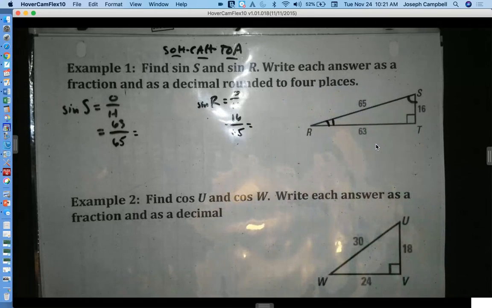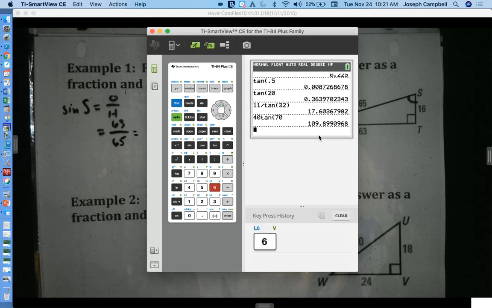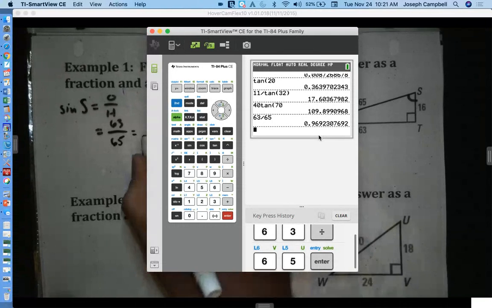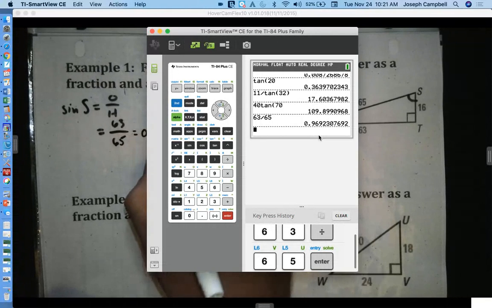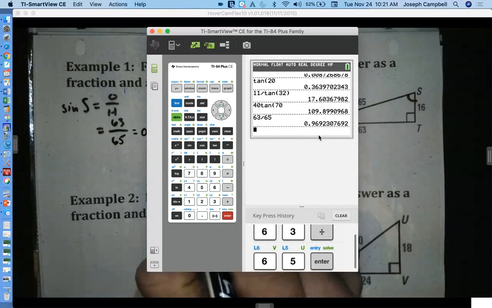We have 63 over 65. 0.9692. Okay. Yep, that rounds right.